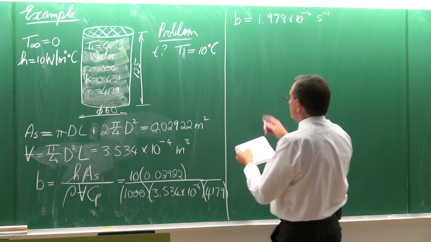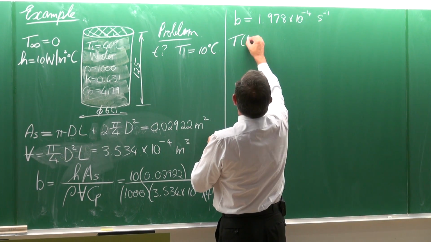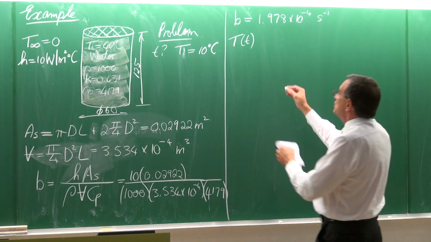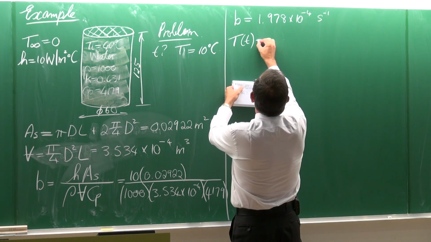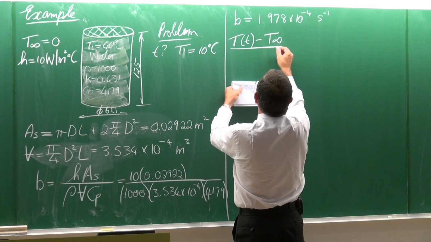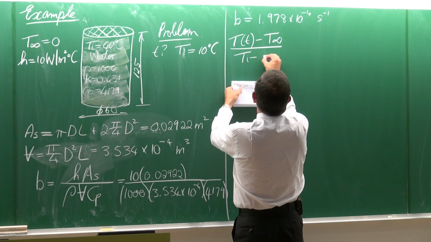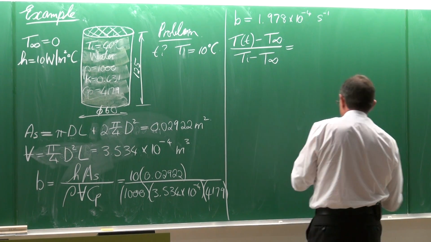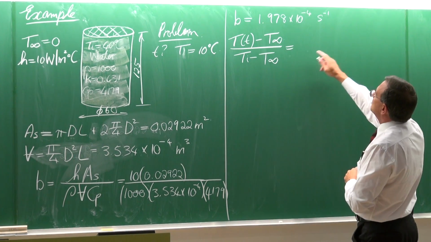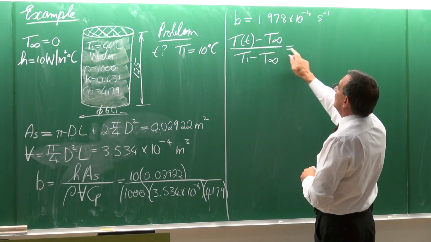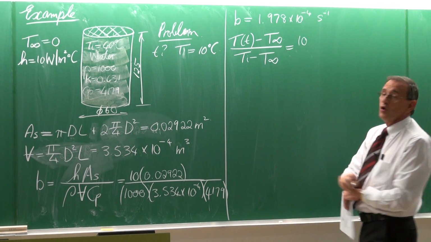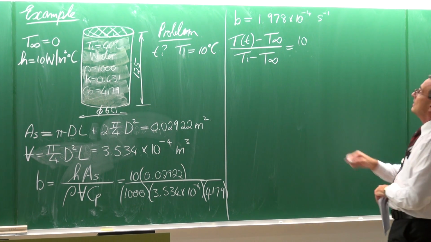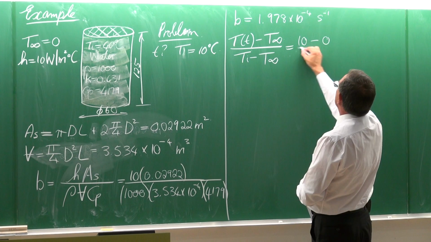Right, so let's get back to our original equation for a lumped system. That equation says that the temperature at a specific time t minus the environment temperature, divided by the initial temperature minus the environment temperature, is equal to, well, let's first do the substitution. We want to know how long it will take for the beer to cool down to 10 degrees in an environment where the temperature is 0.